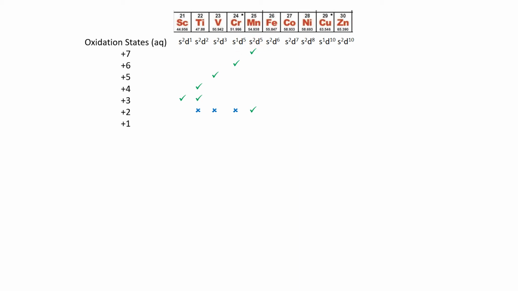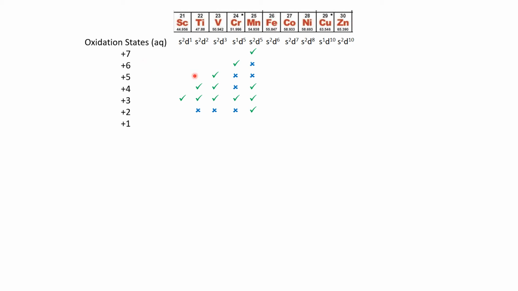But you can also have 3+. Titanium 3+, quite happy, losing both of the s's and one of the d's. Vanadium, you can have 3+ and 4+, so that's losing both of the s's and one d and then a second d to get to the 4+. Chromium, you see extensively as 3+ to go along with the 6+, but you can see chromium 4+ and chromium 5+.